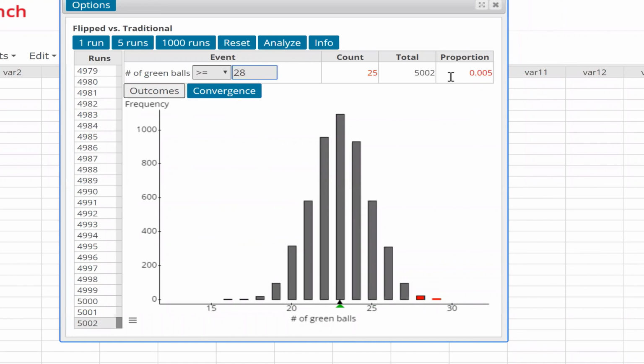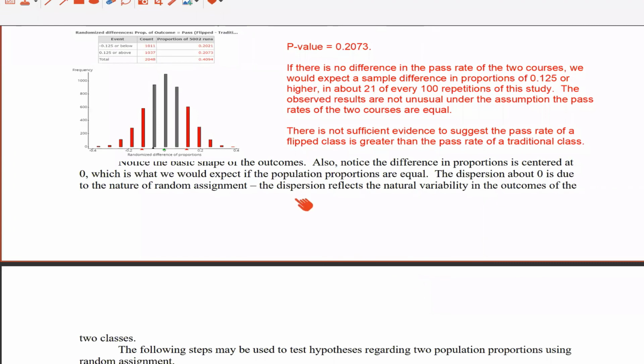And so this low p-value here, only observed 25 times out of 5,002 times we did it, suggests that, hey, this result is very unusual, and therefore I'm going to take that as evidence against the statement in the null and say there is sufficient evidence that the pass rate in the flipped classroom is greater than the pass rate in the traditional.